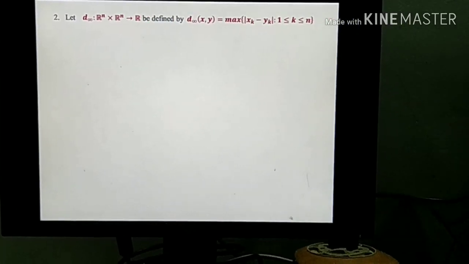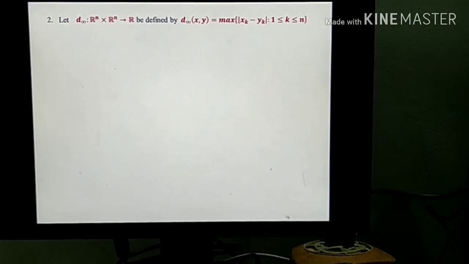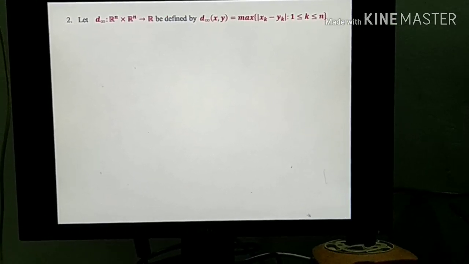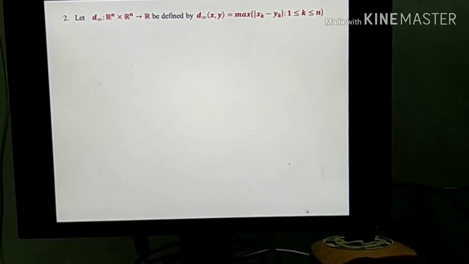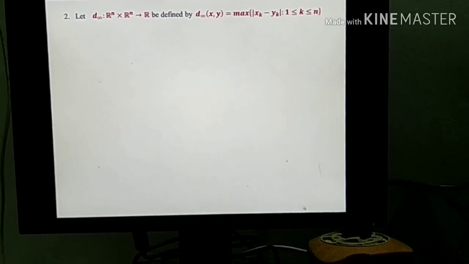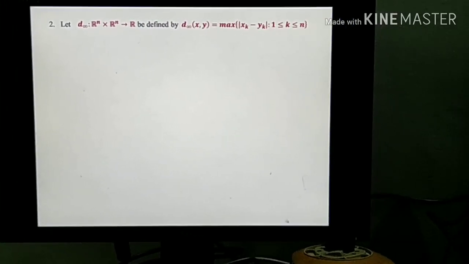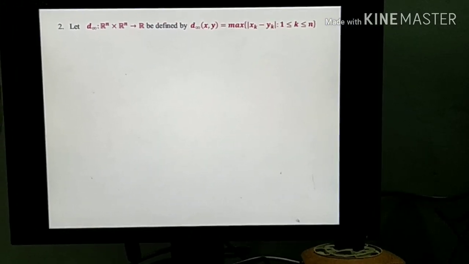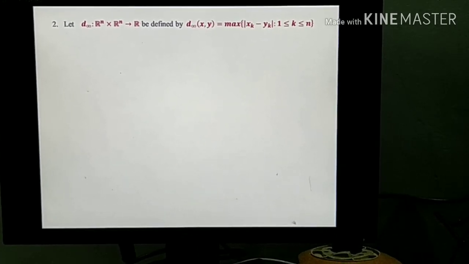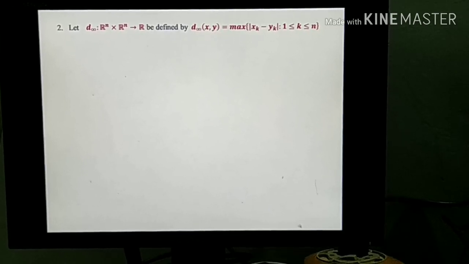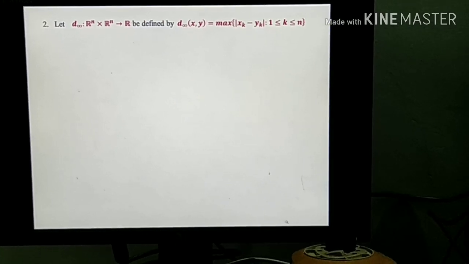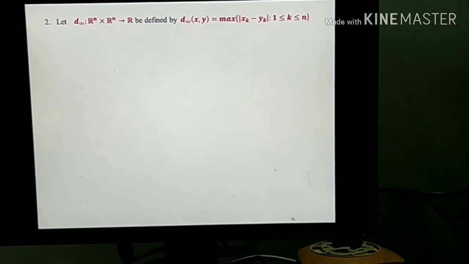This implies that every difference xk minus yk is 0 for 1 less equal k less equal n, and hence xk is equal to yk for all k from 1 to n. This tells us that the n tuples x and y are coordinate wise identical, and therefore we can say that d infinity xy is equal to 0 if and only if x is equal to y. That is, the identity property is again satisfied by d infinity.